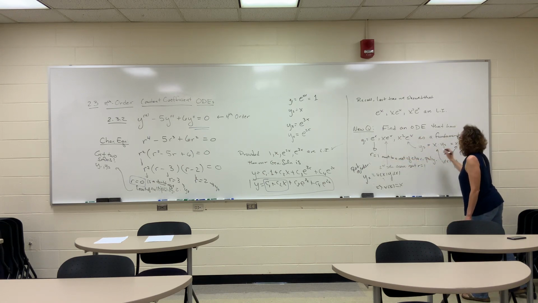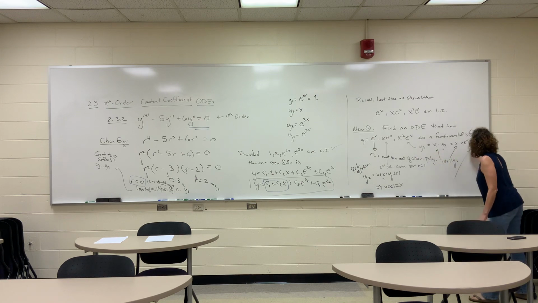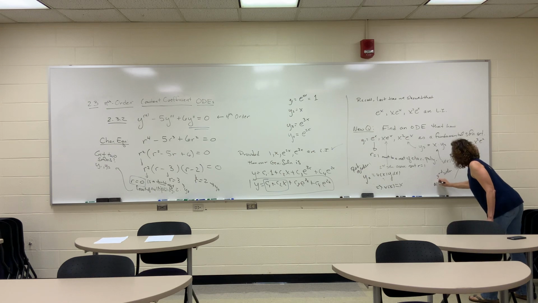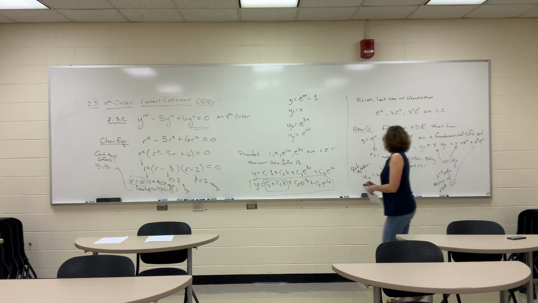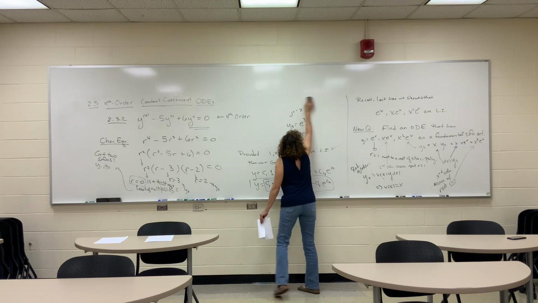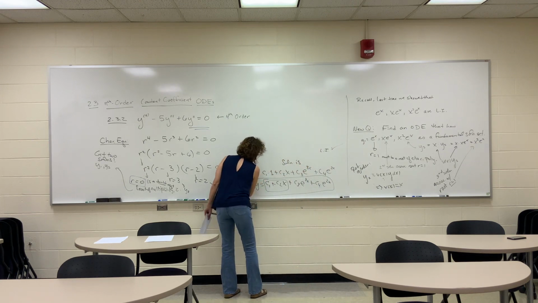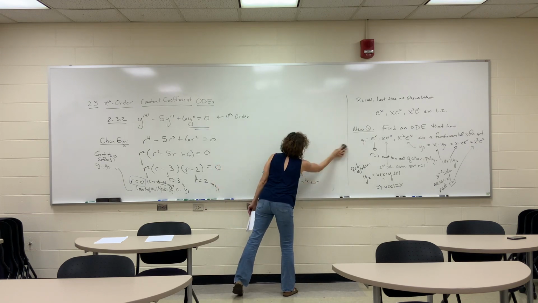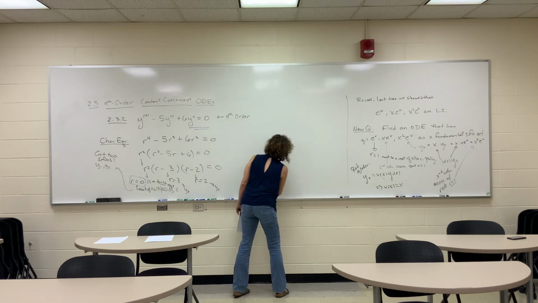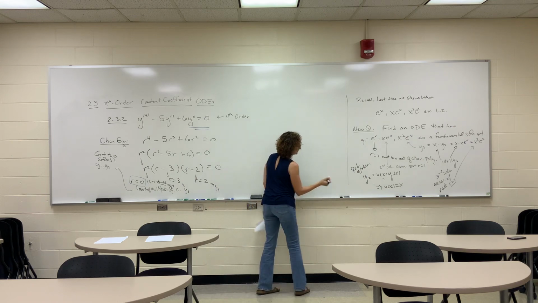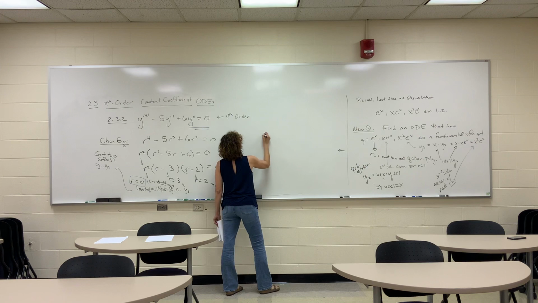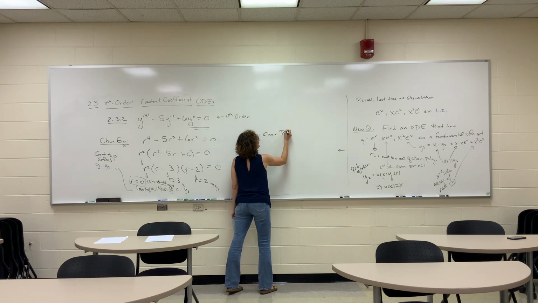So this is our third solution associated with the root r equals 1. So what do we know about that characteristic polynomial then? Good.